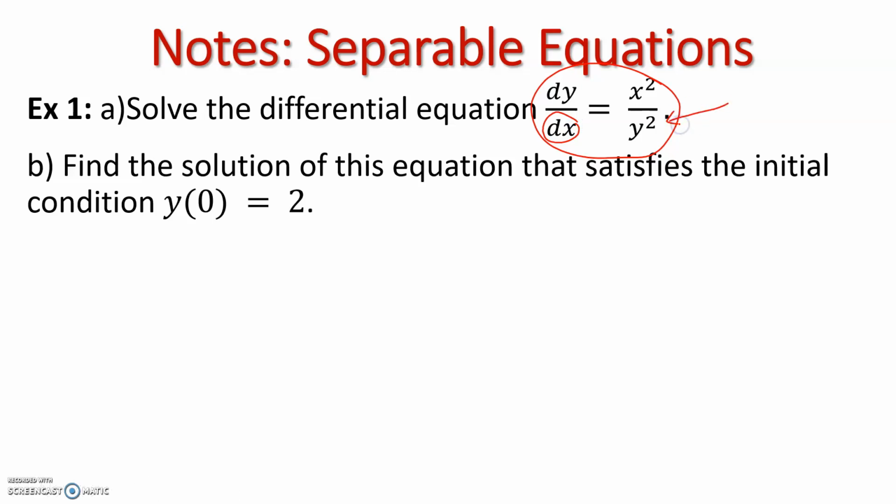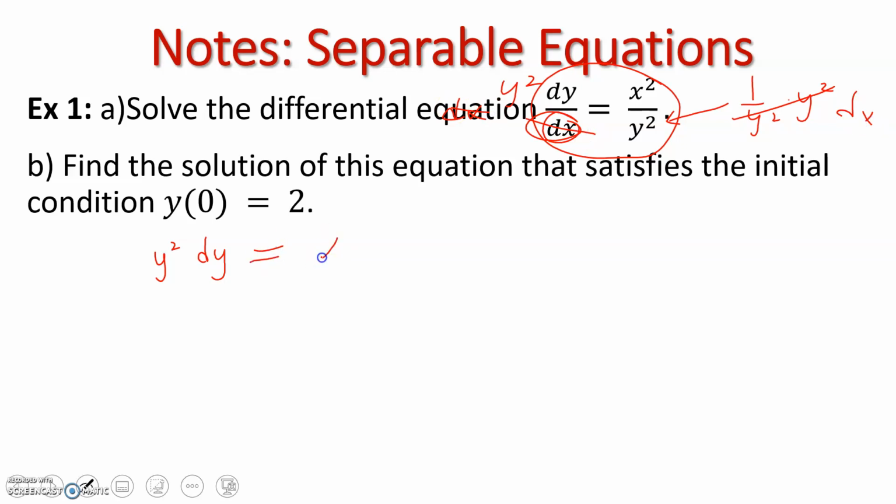Now, the y squared is mathematically 1 over y squared, and in order to get it to move to the other side, we're going to multiply by y squared. So we get y squared dy on the left. Similarly, to move dx to the other side, we multiply both sides by dx. And then we get on the right-hand side x squared dx.